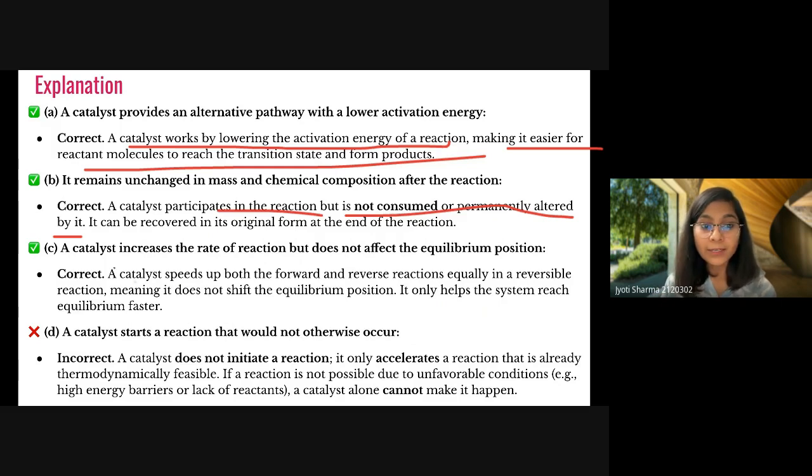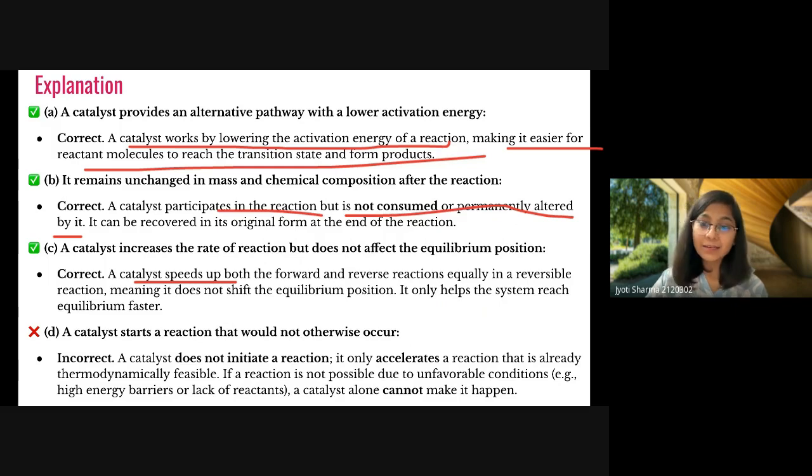Third is, catalysts speed up both the forward and the backward reaction, as I told you, and that's why this will not shift the equilibrium position. It only helps the system reach equilibrium faster. But here, the fourth option, a catalyst starts a reaction that would not otherwise occur, is incorrect, because a catalyst does not initiate a reaction.